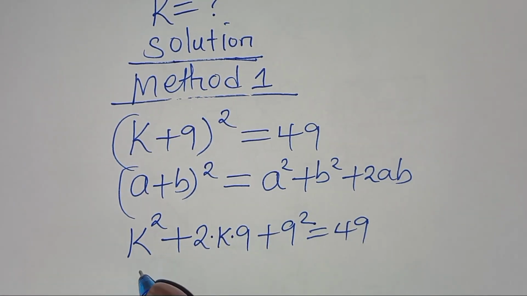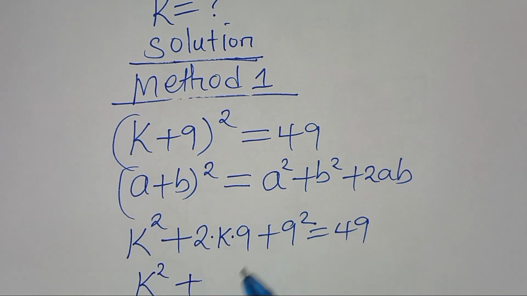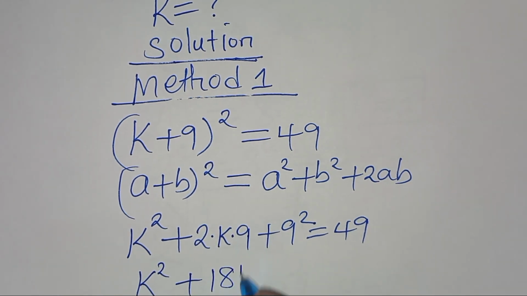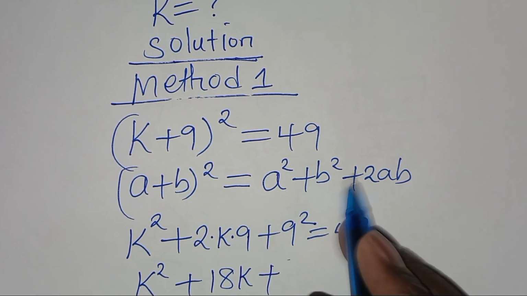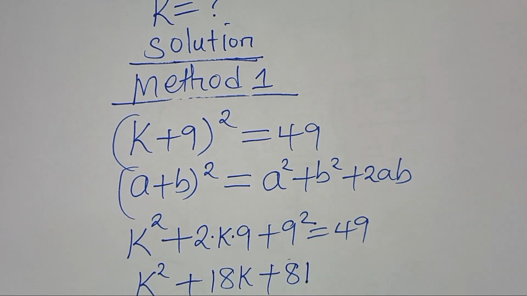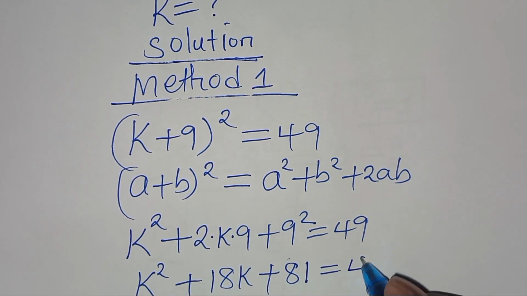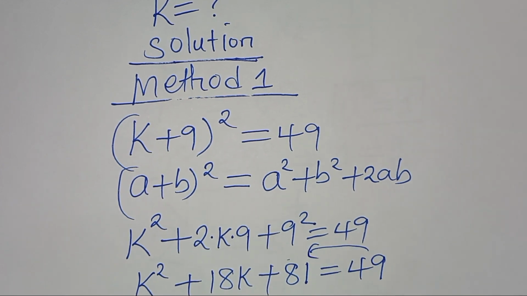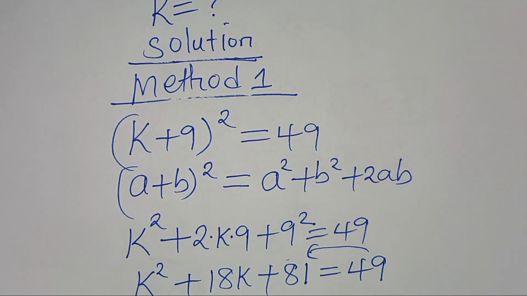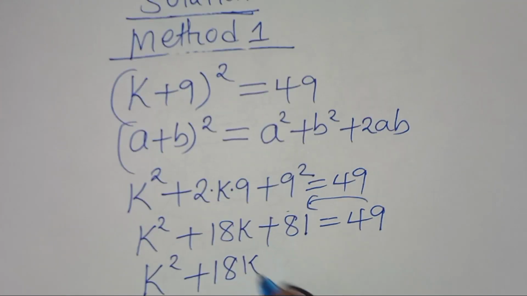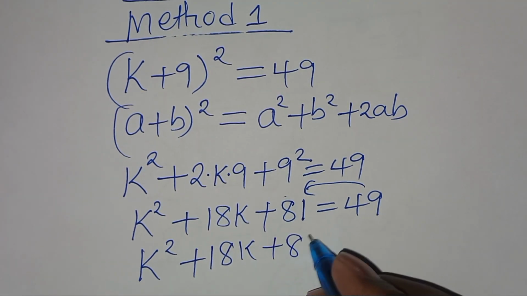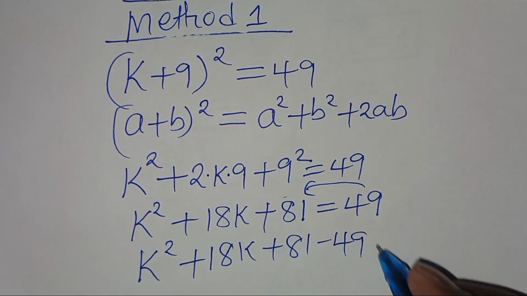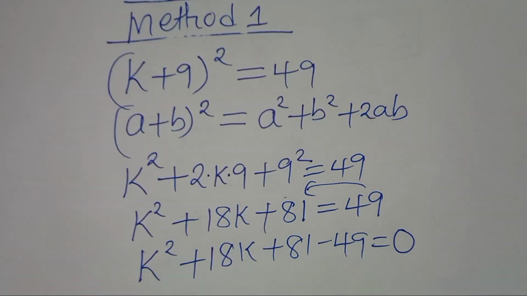Now from here we have k^2 plus 9 times 2, which is 18k, then plus 9^2, this is 81, and this is equal to 49. Now the next step from here, let's take 49 to the left hand side, so that we have k^2 + 18k + 81 - 49 = 0.